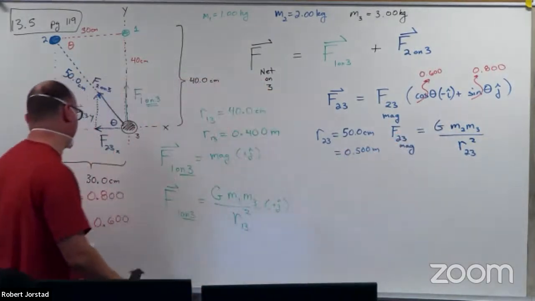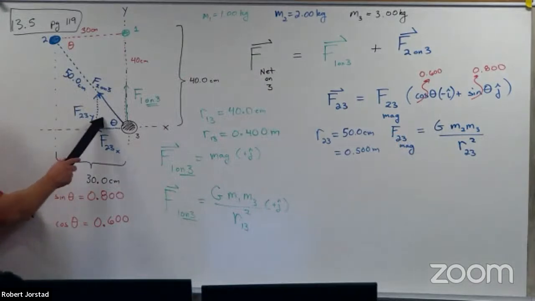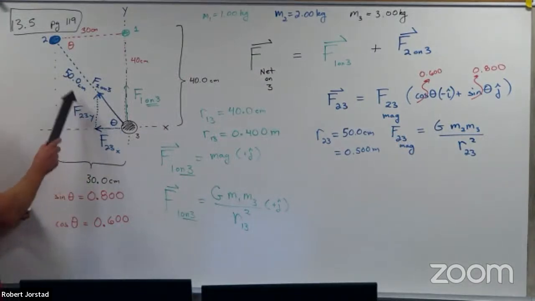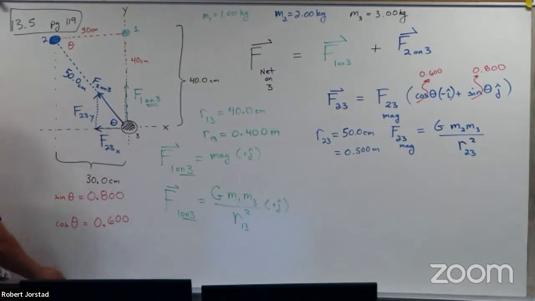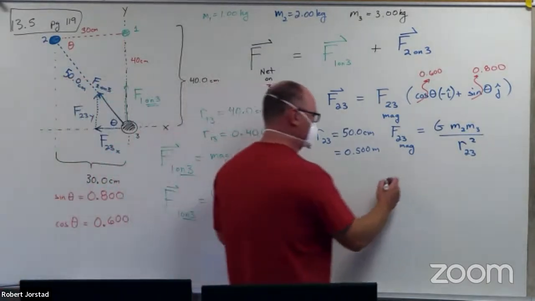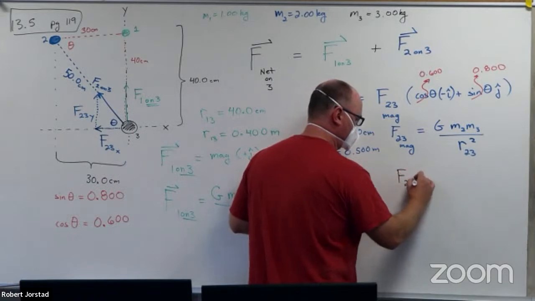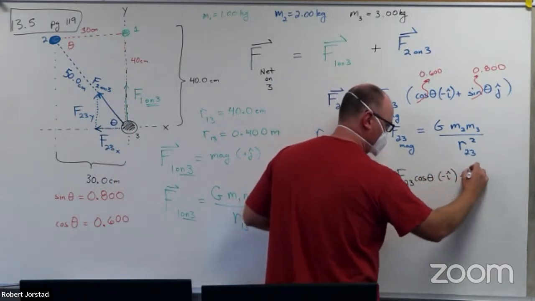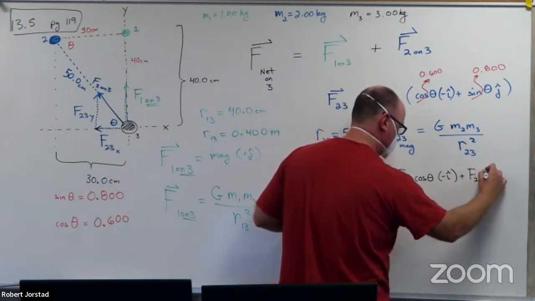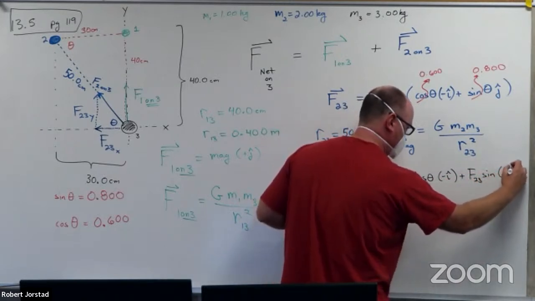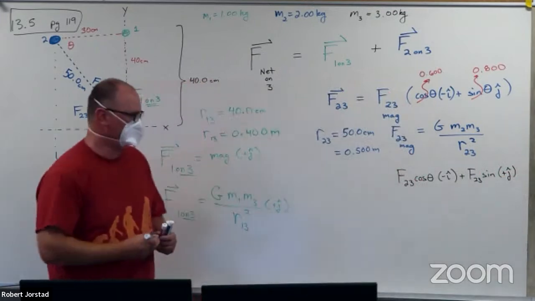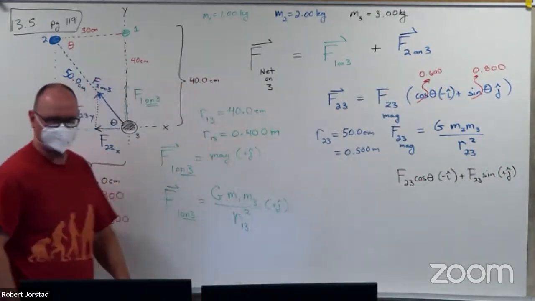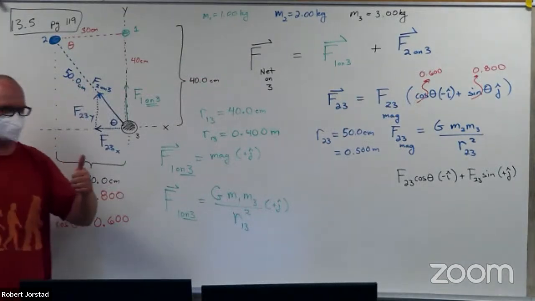And here I did SOHCAHTOA kind of in this weird way where I looked at this picture and said there's a minus cosine for this side, right? I think before what we always did was we'd say it was force 23 cosine in the negative i hat plus force 23 sine theta in the positive, right? Remember we did that before? All I did was write the magnitude and split out the cosine and sine. Good? Thumbs up, thumbs down. Just let me know.